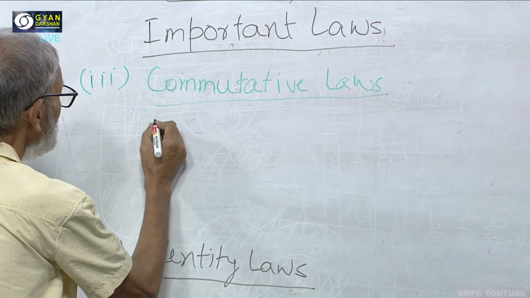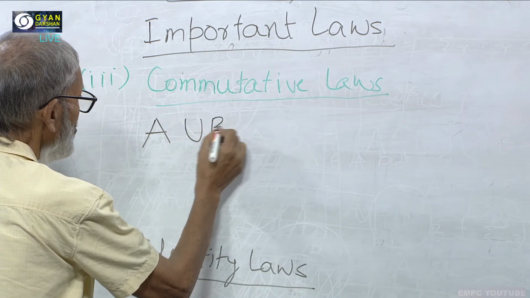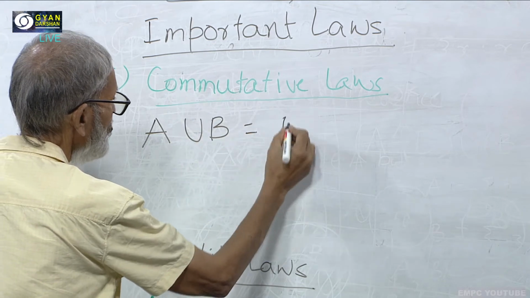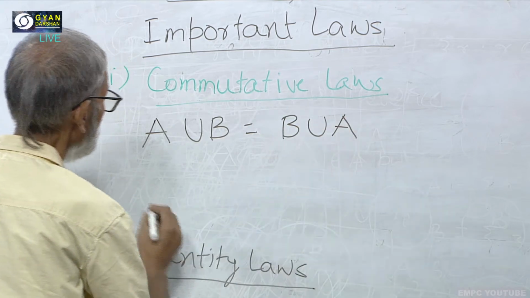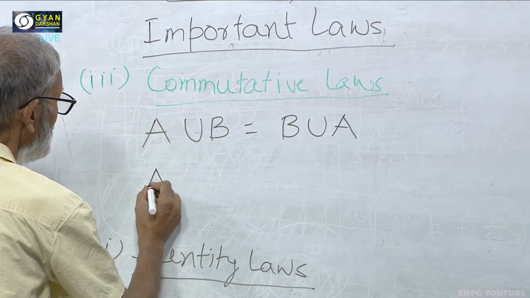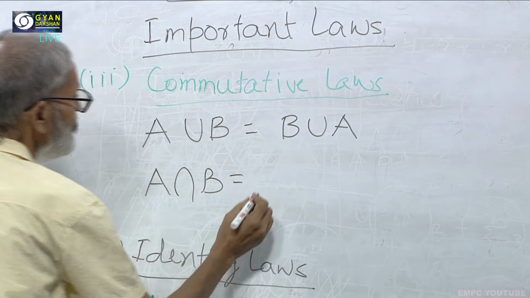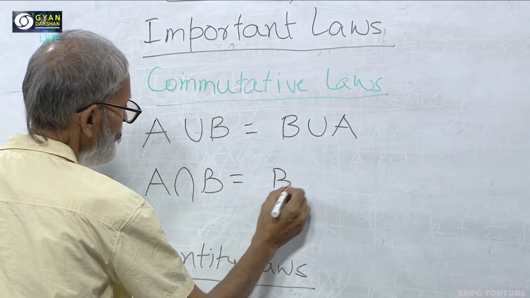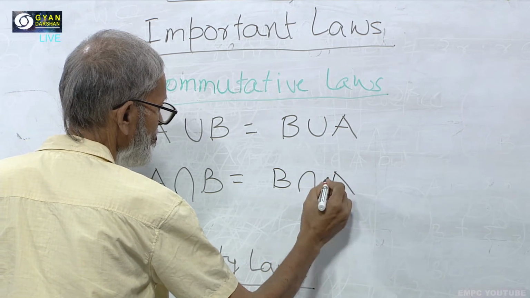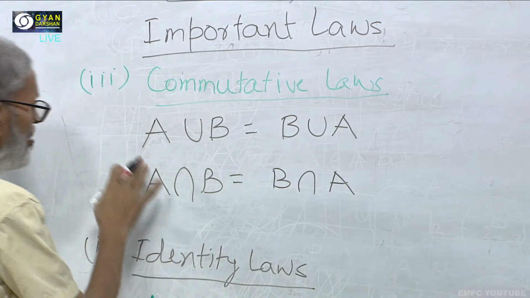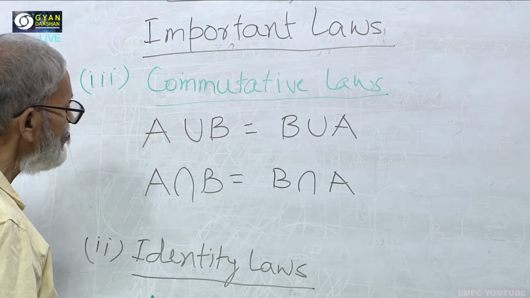A union B will be equal to B union A. Similarly, A intersection B will be equal to B intersection A. So, this commutative law holds good for set operations.